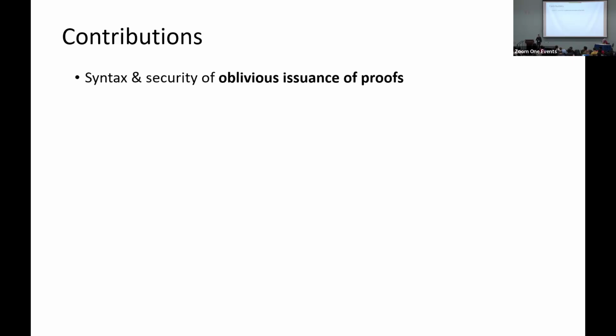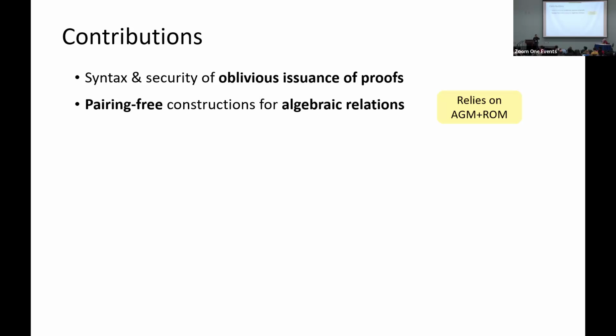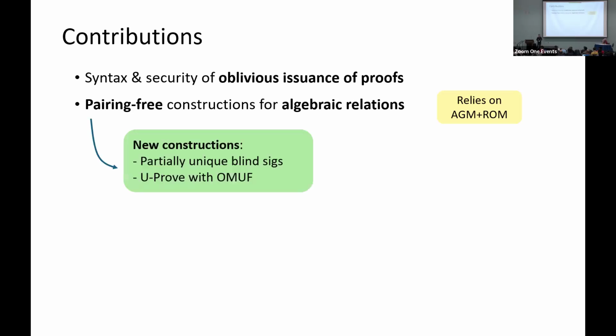We first give formal syntax and security notions for this primitive. And then we give pairing-free constructions for a class of linear relations, which we refer to as algebraic relations. A note here is that the security proof relies on both the algebraic group model and the random oracle model. The applications of our construction are twofold.